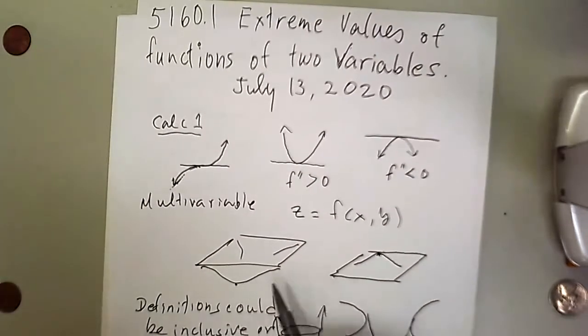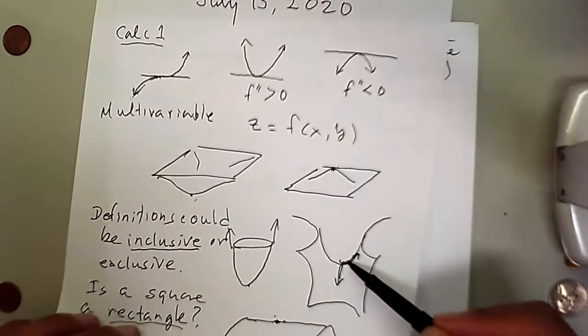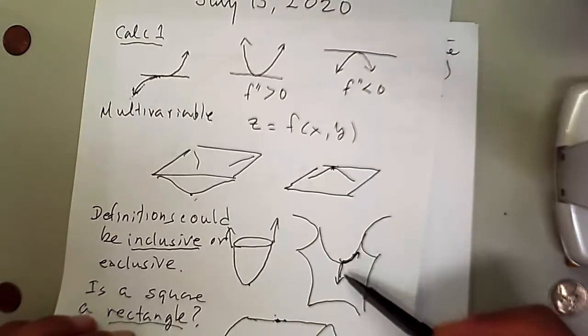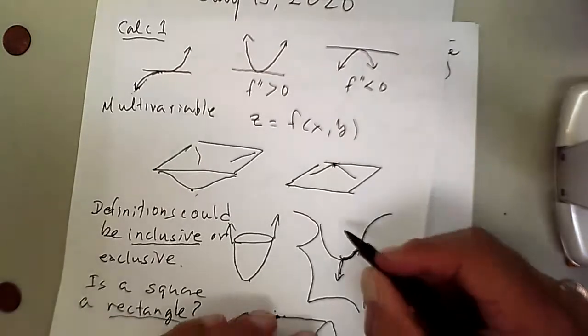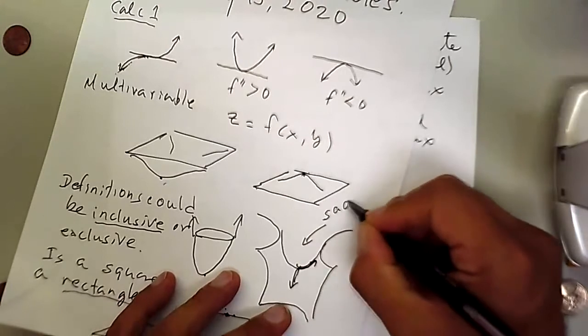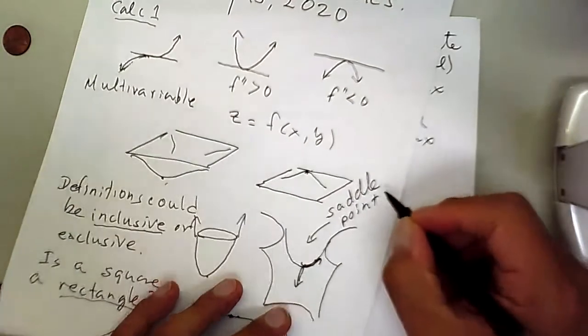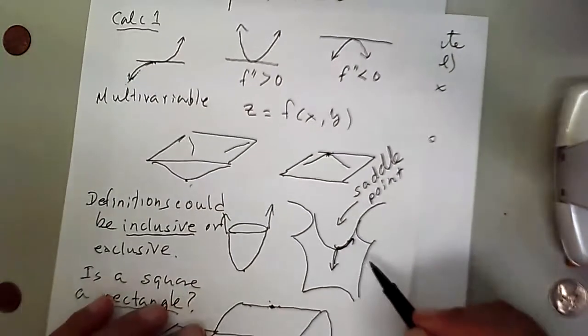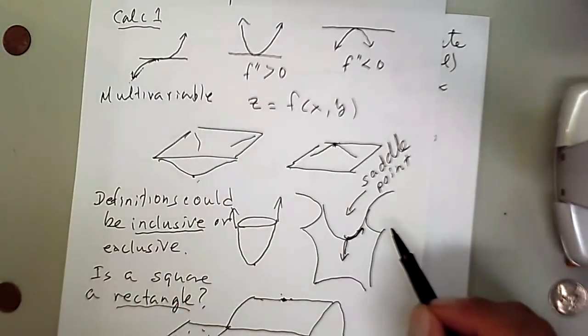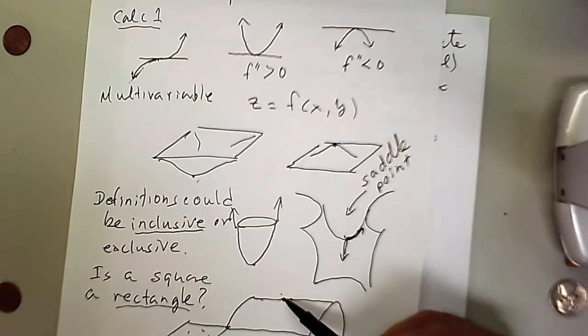We could have minimums, maximums. By the way, these points which are neither maximums nor minimums are called saddle points. Saddle point, because it looks like a saddle of a horse, and that's a minimum.